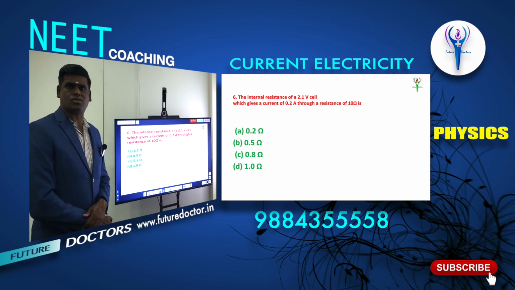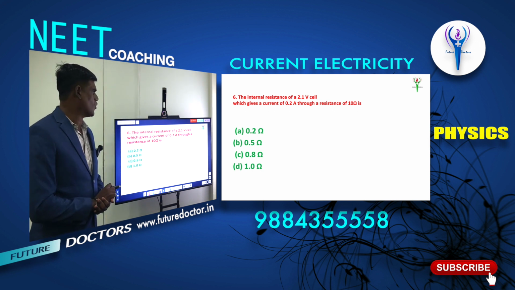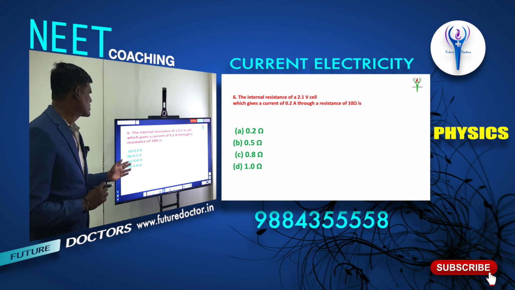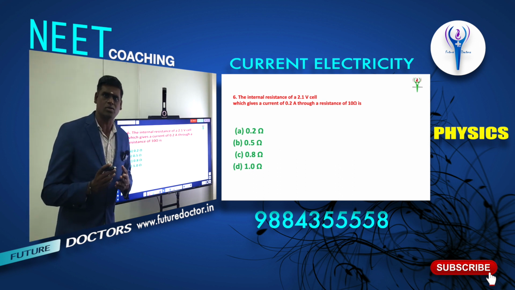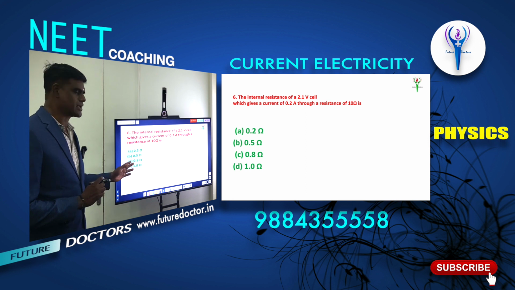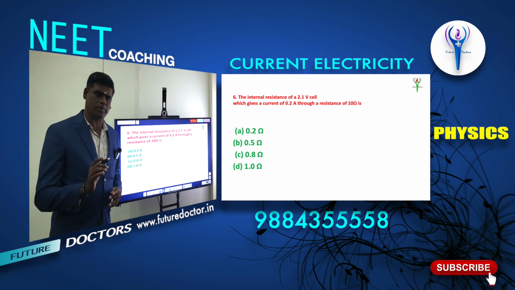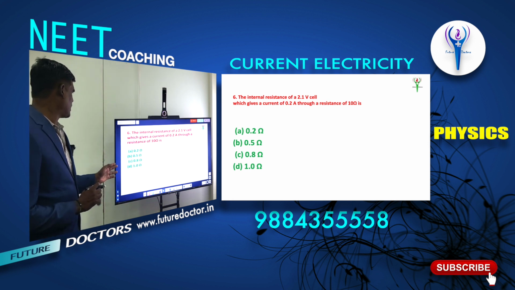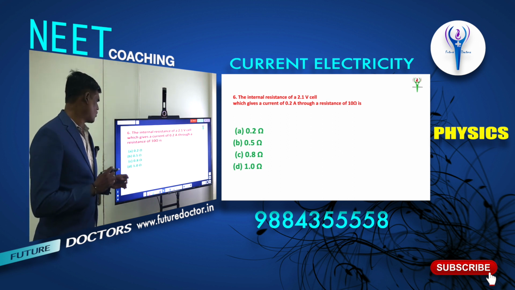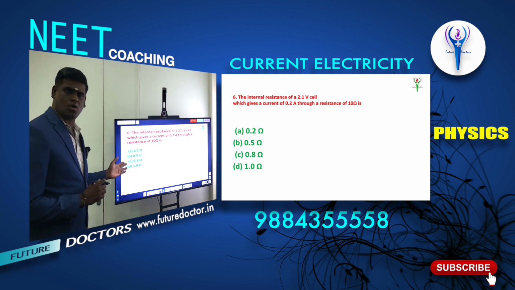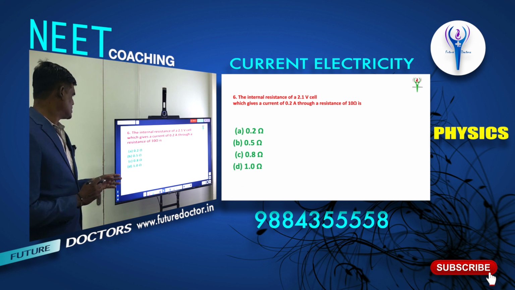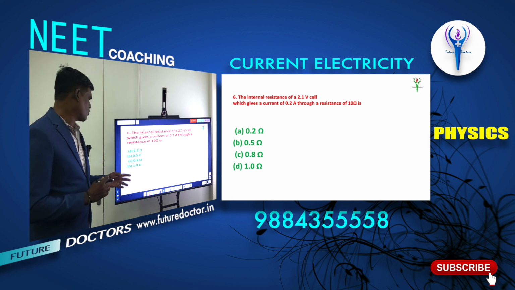The internal resistance of a 2.1 volt cell, which gives a current of 0.2 ampere through a resistance of 10 ohm, is dash. Option A 0.2 ohm. B option 0.5 ohm. C option 0.8 ohm.